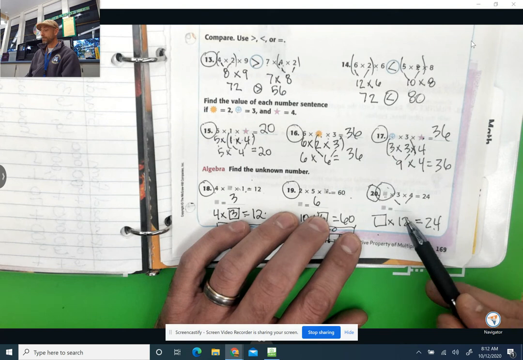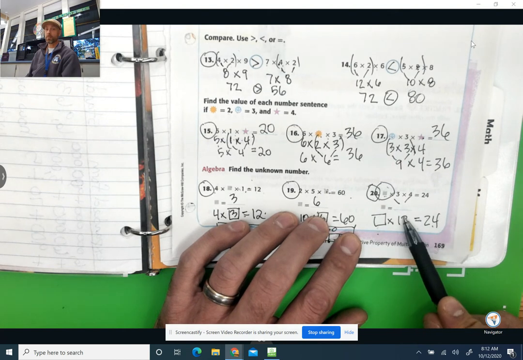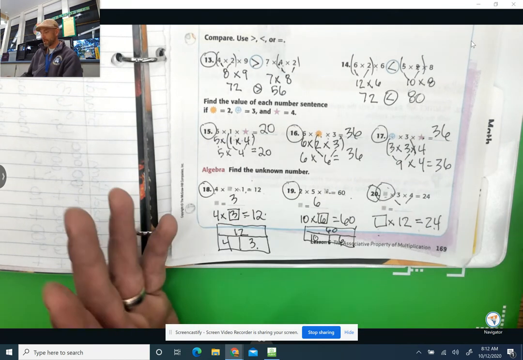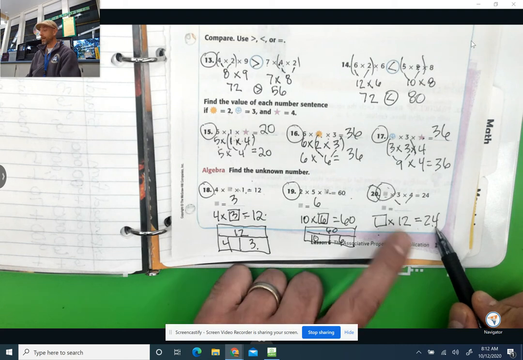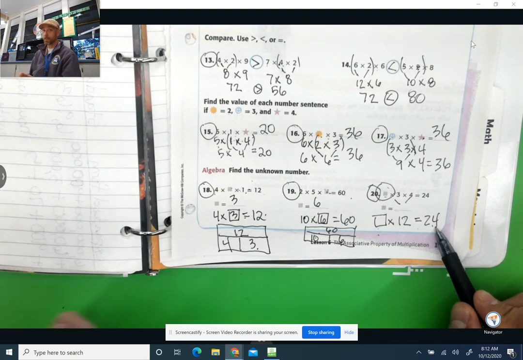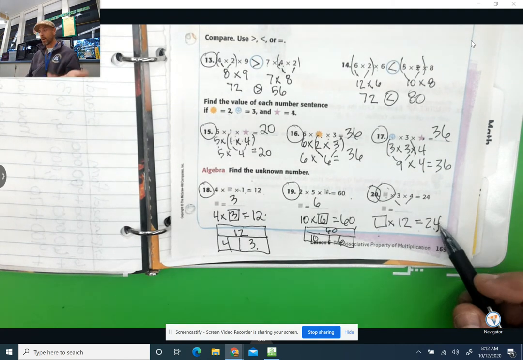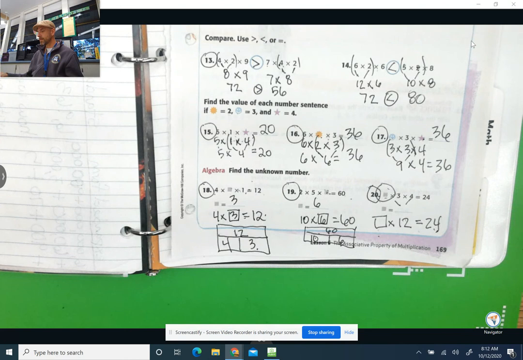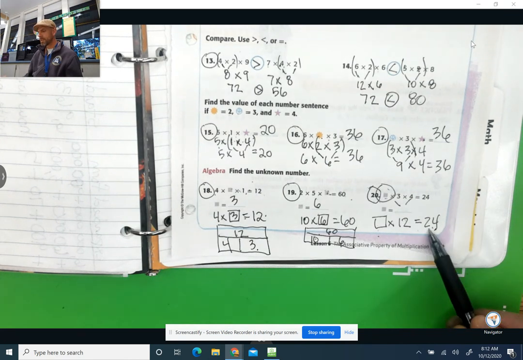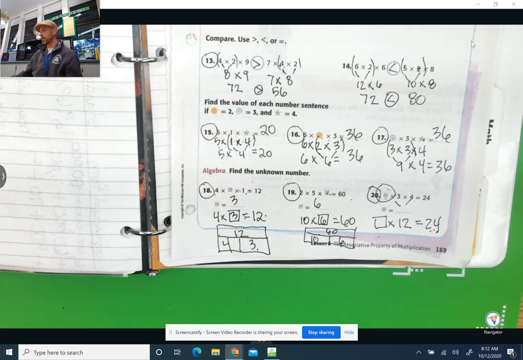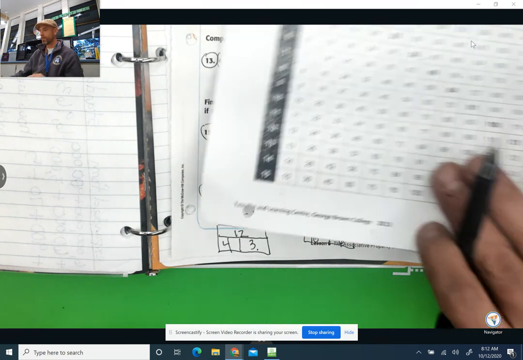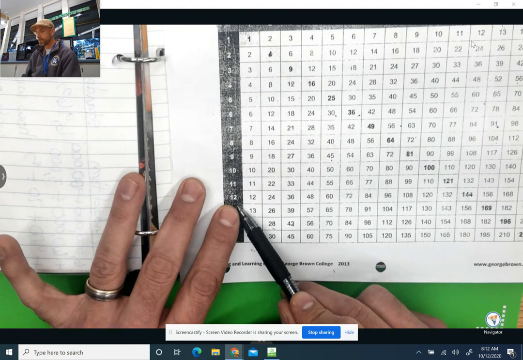Now, you got missing a part. You got a part. And you got a whole. What you gonna do? You can do 24 divided by 12 and get your answer. Or you can think about what is the missing factor in the fact family. What times 12 is 24? Use your multiplication table. 12 is here.